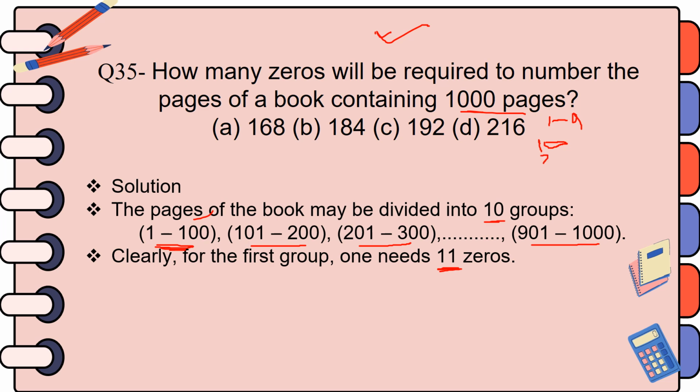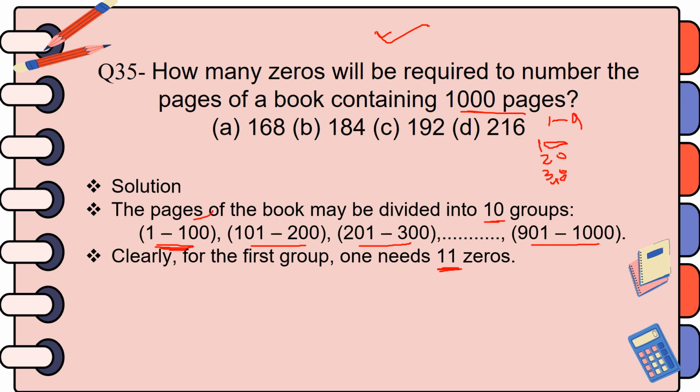Then you go to 20. Then again, you go to 30. Again, 40. Again, 50, 60, 70, 80, 90.